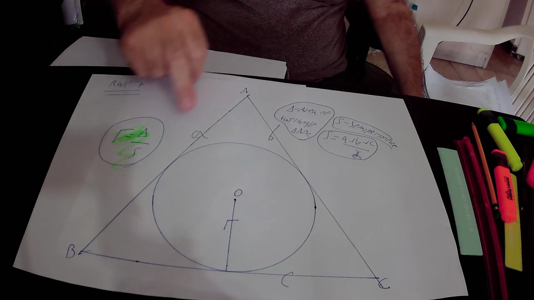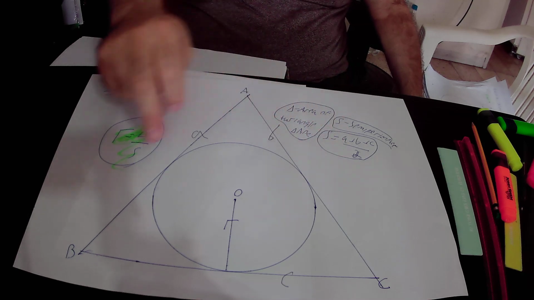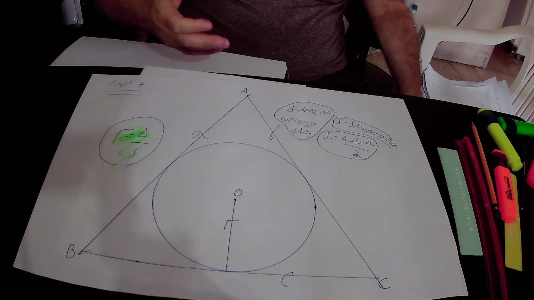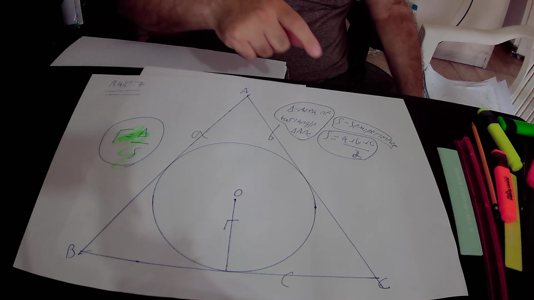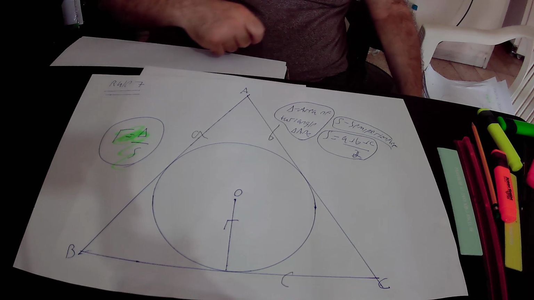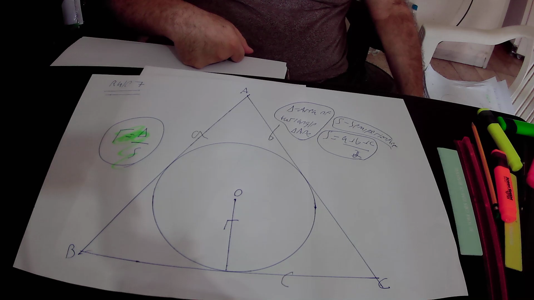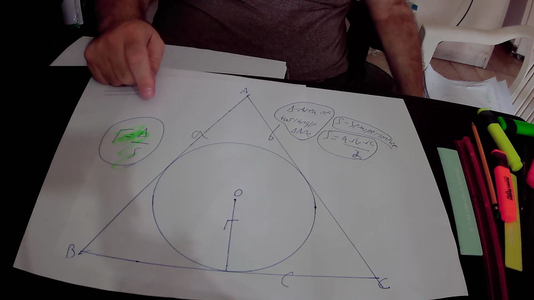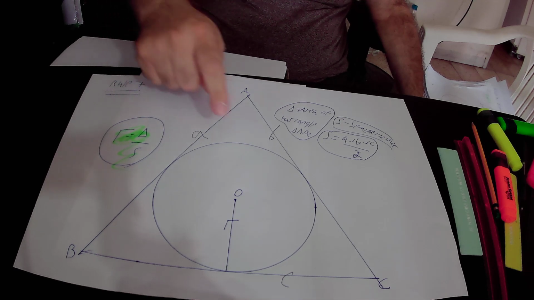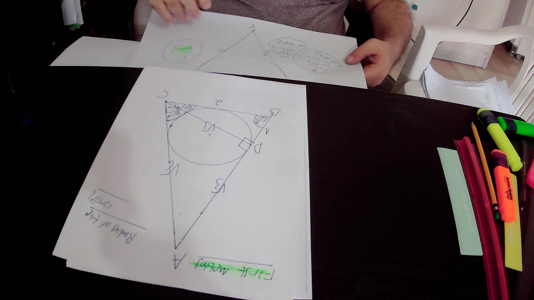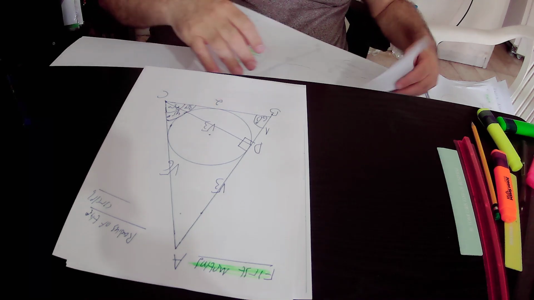Here, the length of AB is A, the length of AC is B, and the length of BC is C. So the perimeter is A plus B plus C, and when we divide the perimeter by 2, we get the semi-perimeter, that is S. So we just have to find out the area of triangle ABC, and then we find out the semi-perimeter of triangle ABC. We divide the two quantities by each other, and we get the radius of this circle that is blocked by triangle ABC.